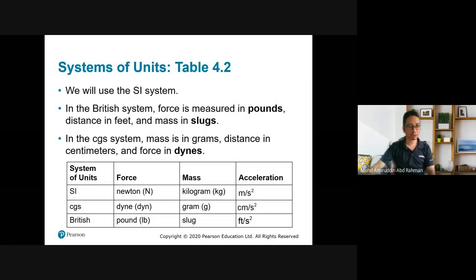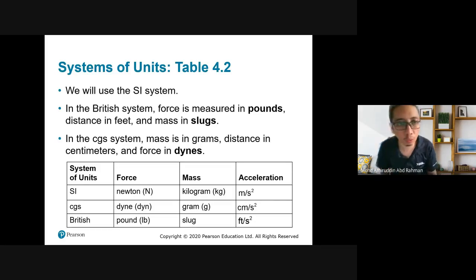So we'll look at the units. Since we use the SI system, in the old British system, we use force measured in pounds, distance in feet, and mass in slugs. In the CGS system, mass is in grams, distance is in centimeters, and force in dynes.